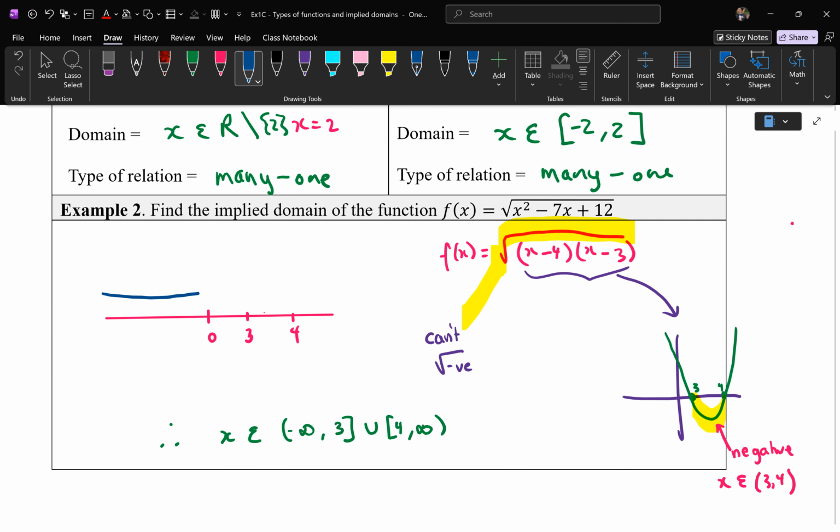So it looks like negative infinity up until 3, and then 4 to infinity. Hands up if you got this answer. Okay, good. Hands up if you used a CAS calculator to visualize the graph. Oh, wow, that's really good.